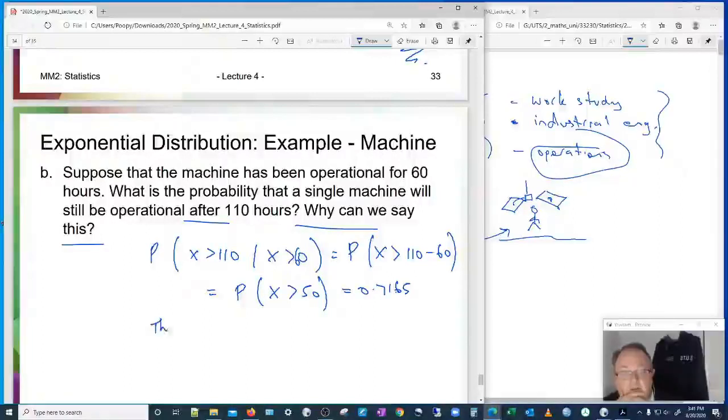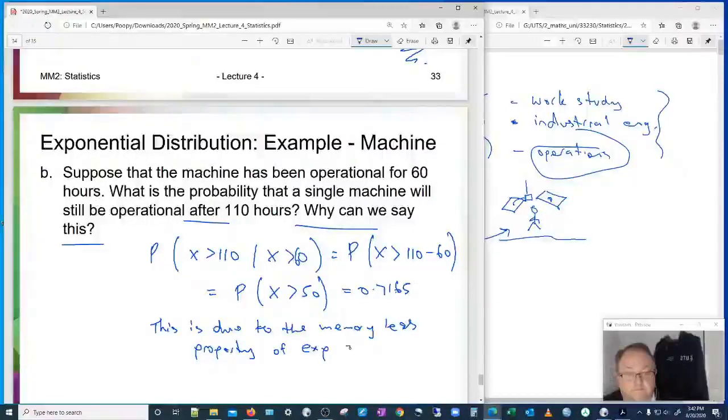This is due to the memoryless property. One interval doesn't affect the next. Okay, and I'll leave it there.